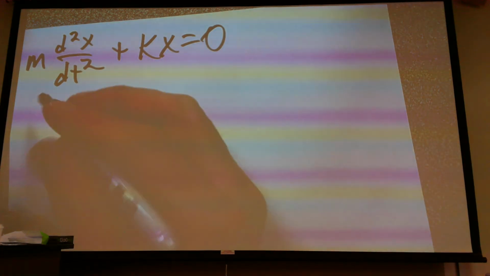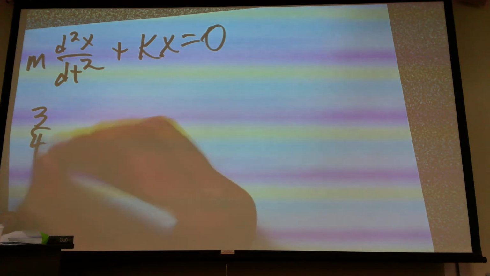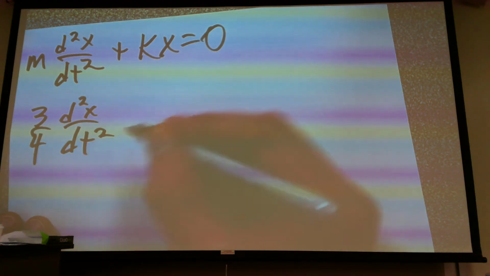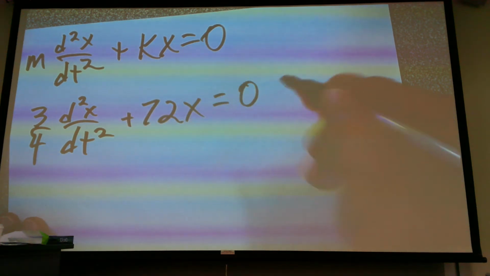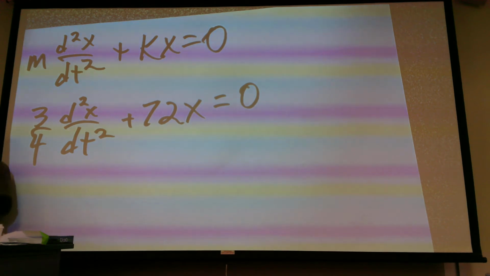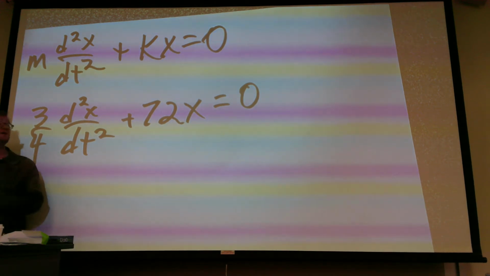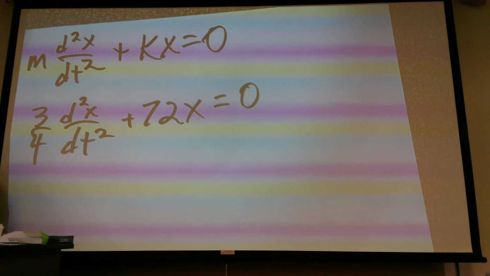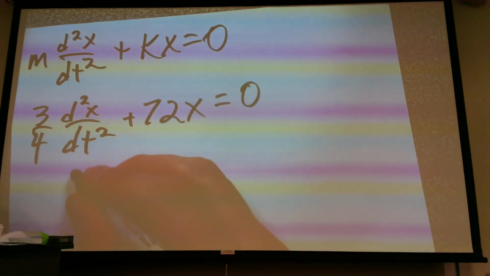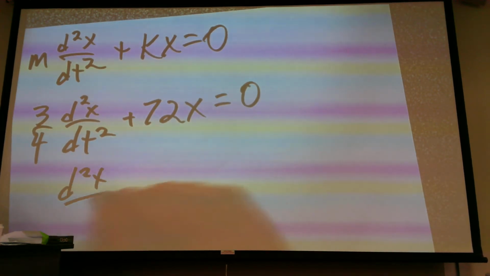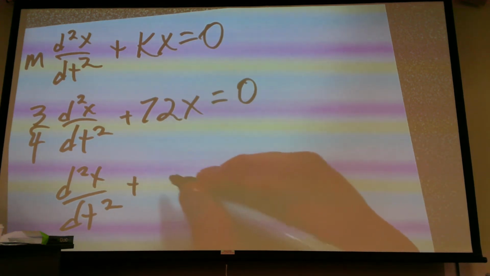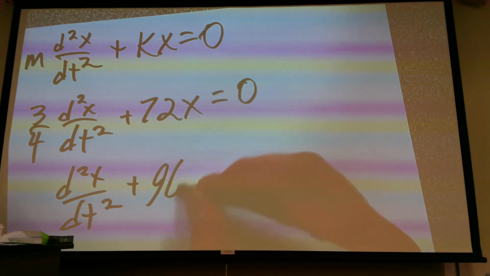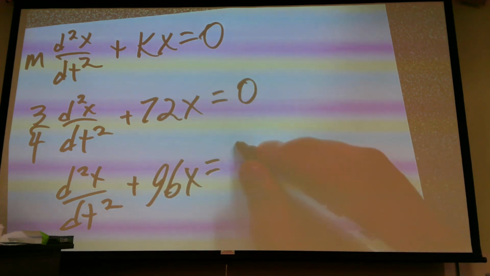So m was 3/4, times the second derivative of x with respect to t, plus 72x, which is going to equal 0. Now I can multiply by the 4/3. So the second derivative of x with respect to time plus 96x is going to equal 0.